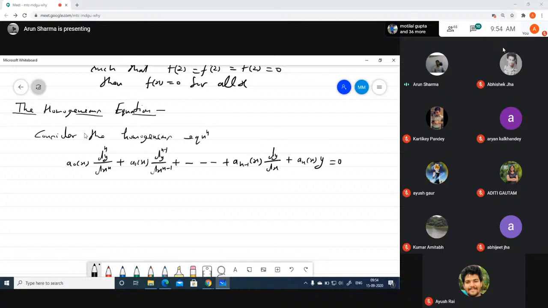This is homogeneous because this non-homogeneous quantity equals to 0. Okay, so let's say this is equation number 2.